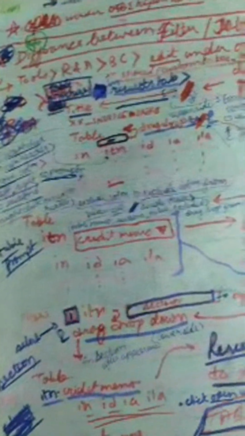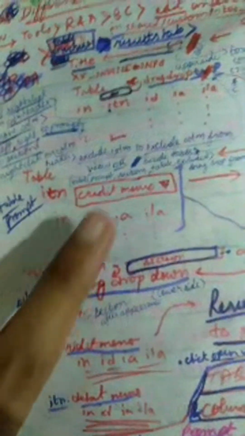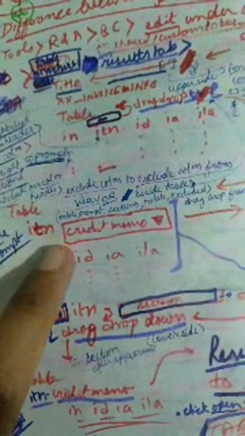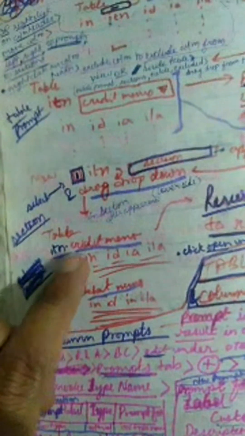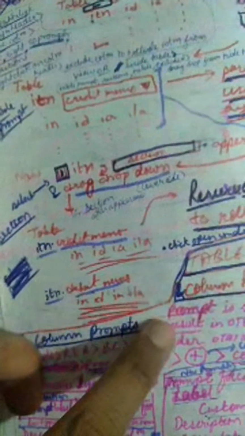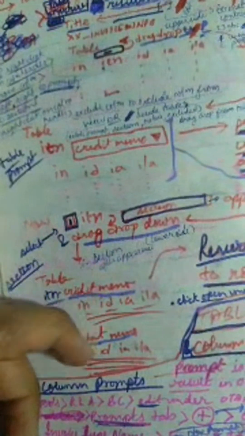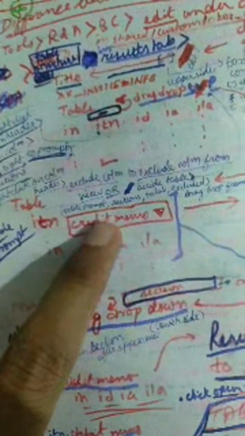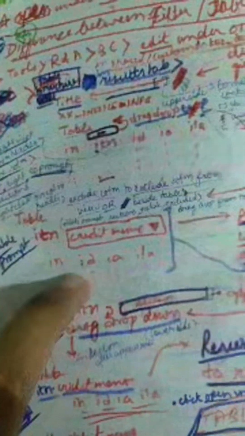If I drag the same column to the section part, then for each value of this invoice type name, the respective data would come in sections. Like for ITN as credit memo the data will come, then for debit memo the data will come. So that's what section does. Whereas for the table prompt, you can choose only one value here, and the respective data comes.